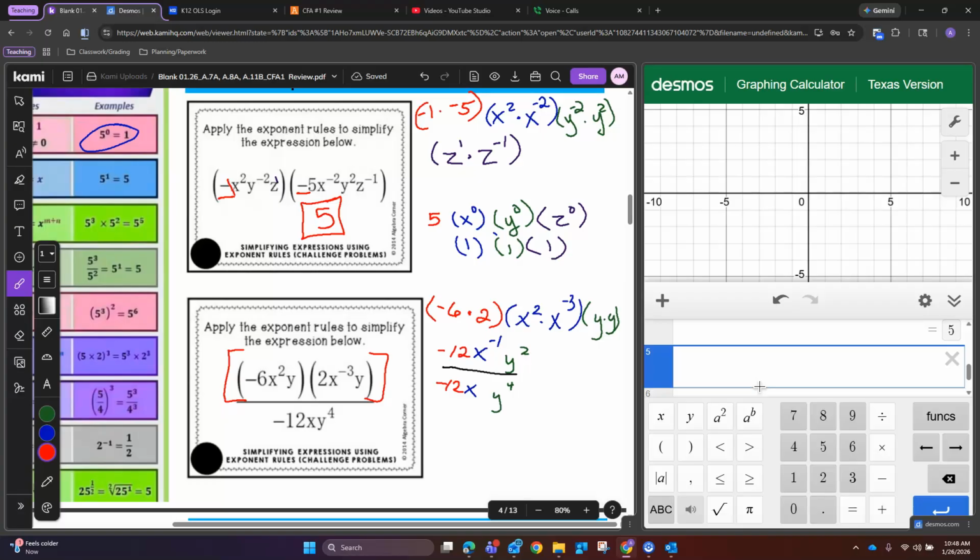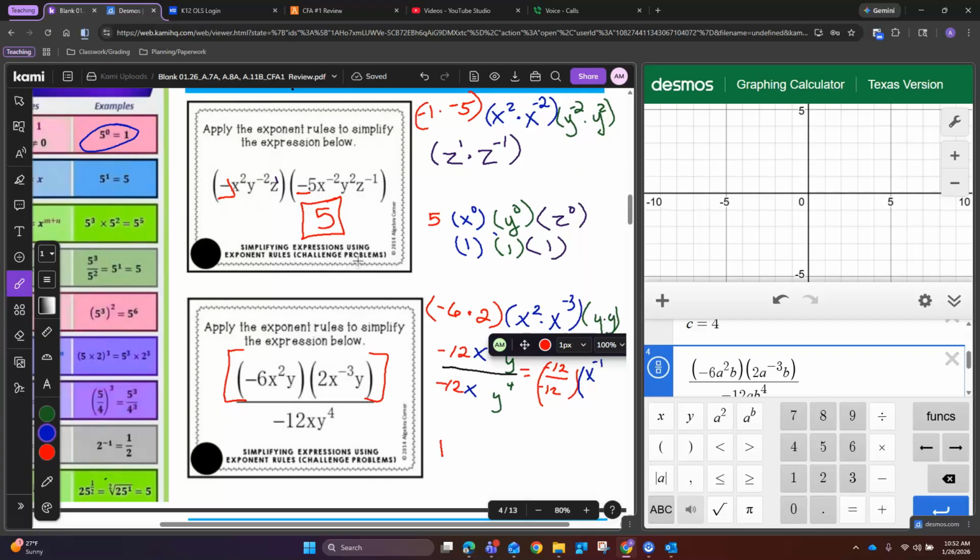Okay, so again, let's break it down. We have negative 12 over negative 12. Negative 12 over negative 12 is positive 1. Okay? And then we have x to the negative 1 over x to the 1. And then remember, when we were multiplying, we added the exponents. So when we divide, we're going to subtract the exponents.